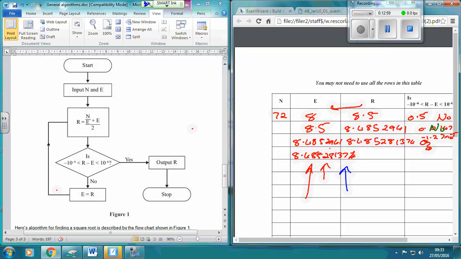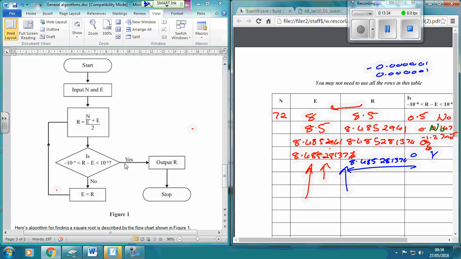And we get 8.485281374, which if we take it away, gets 0. So yes, it is in between minus 0.000001 and 0.000001, because there's no difference between them.